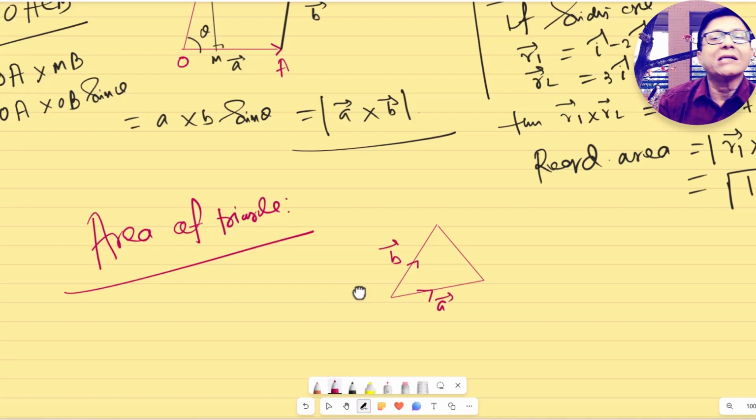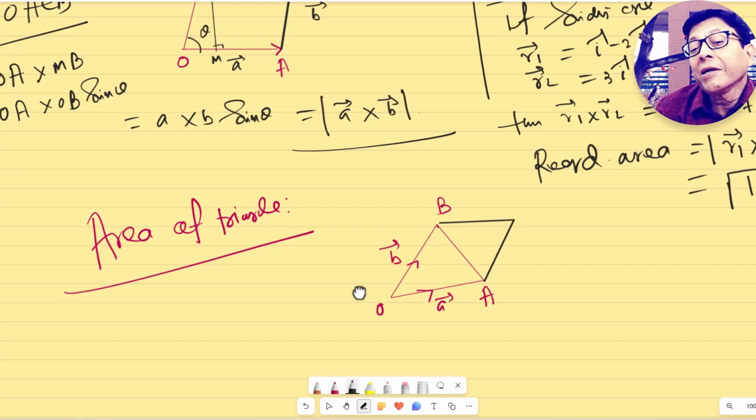Now question arises, what is the area of triangle? How to get area of triangle? Let us learn in this context only, area of triangle. You know, by triangle law, if two sides are known, their direction, third side can be determined by position vector.